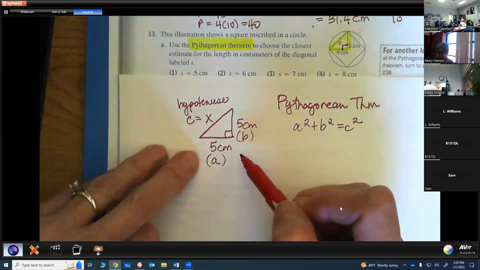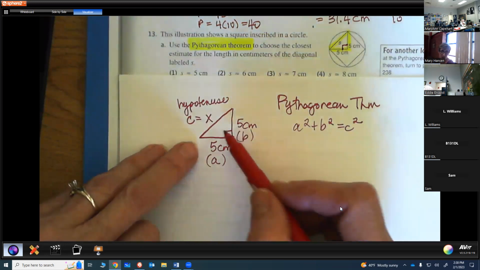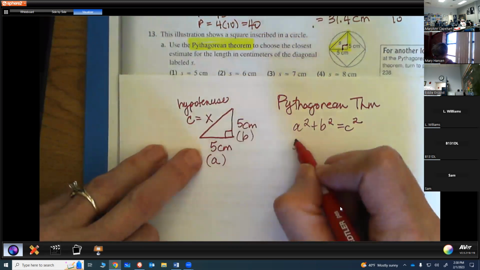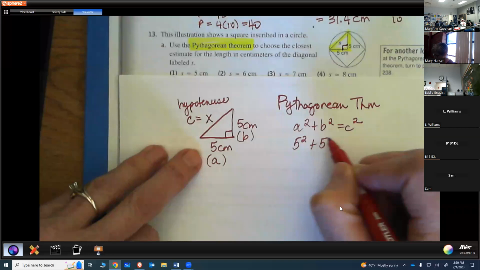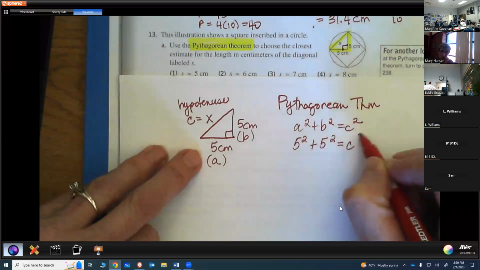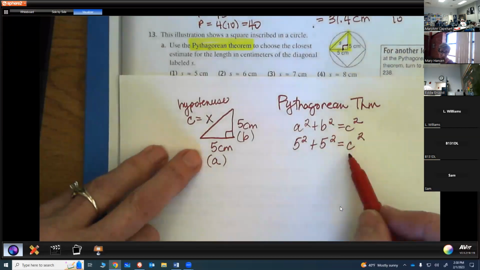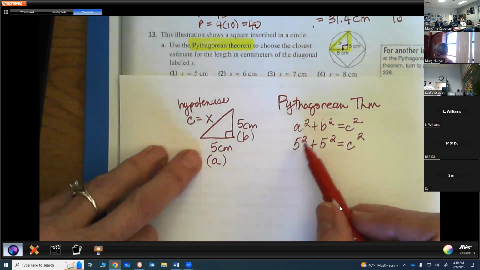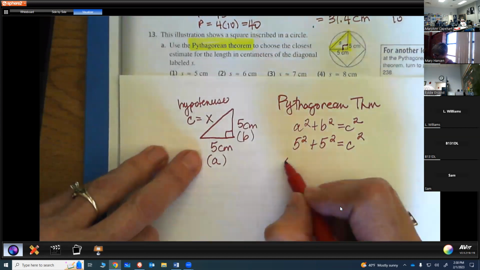So when you don't know the third side of a right triangle, you can put in the lengths of the legs to find the hypotenuse. Now 5 squared, this will be a good review of exponents. 5 to the second power means 5 times 5.